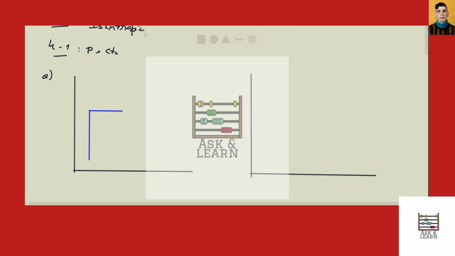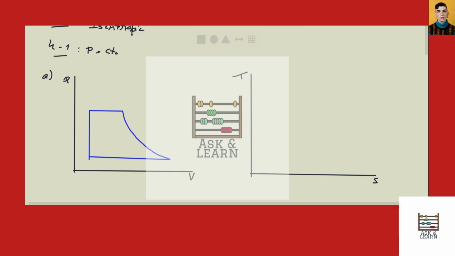Let's put in here, I forgot to put here the PV and the TS label. Isentropic, 3-4 isentropic. So isentropic is a hyperbolic transformation. And finally, 4-1 is also a horizontal line. So that's the four transformations that we have.